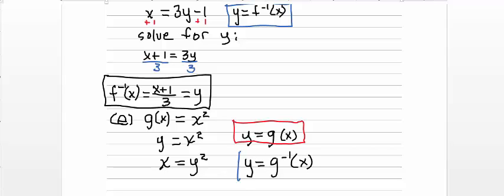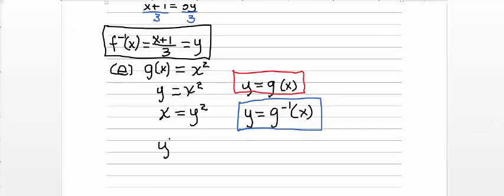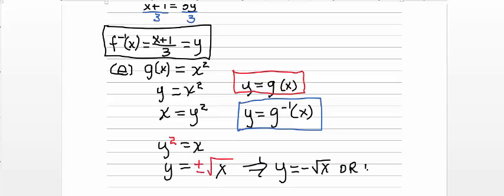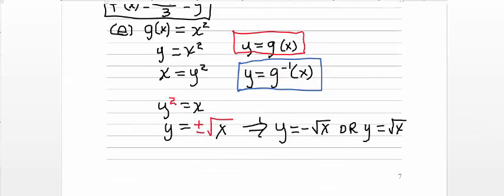Since we're trying to solve for g inverse, we solve for y. So we apply the square root property. If I want to get rid of the exponent on y, I have to apply plus or minus square root to x. So notice y is either negative square root of x or y is square root of x.